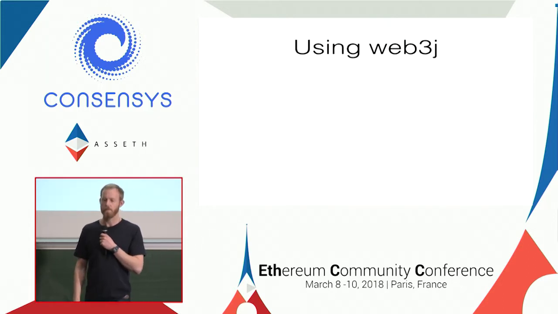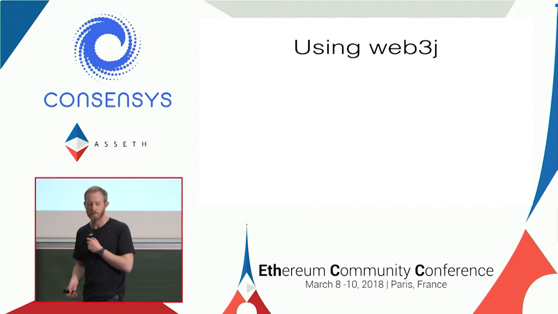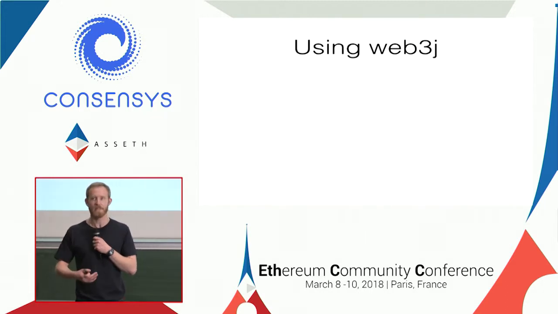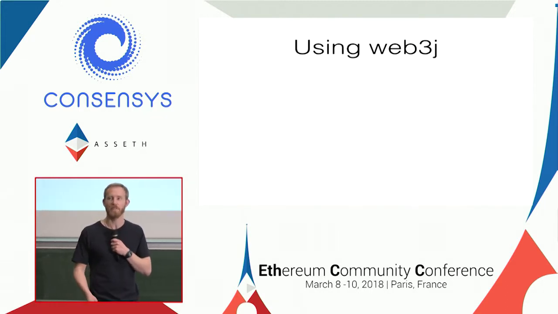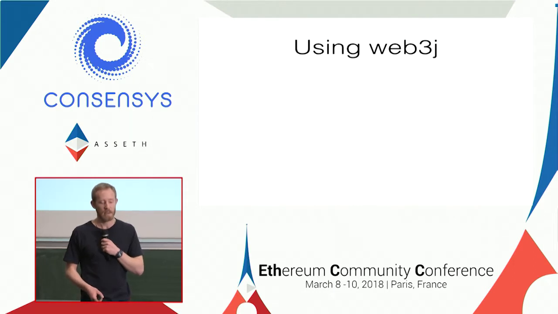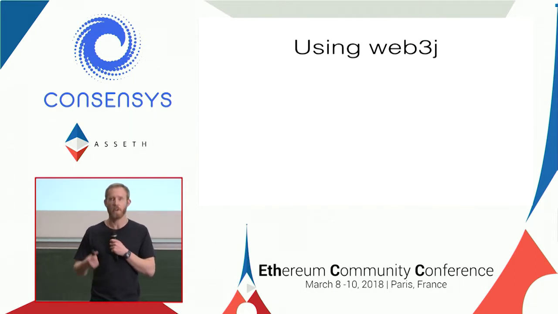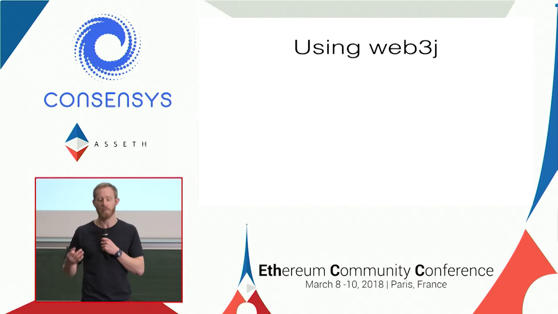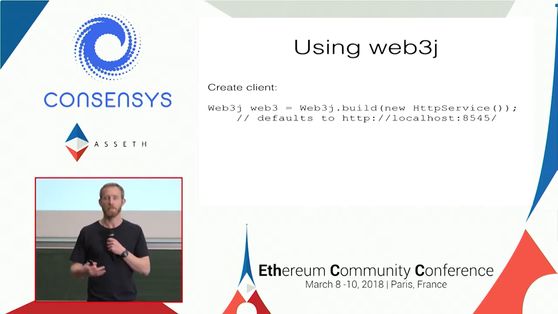In terms of creating applications using web3j, I've always tried to keep this stuff as simple as possible as per good software engineering practices. In order to hook up to an Ethereum node on the network, all you need to do is create a new instance of this web3j object and specify where your node is.